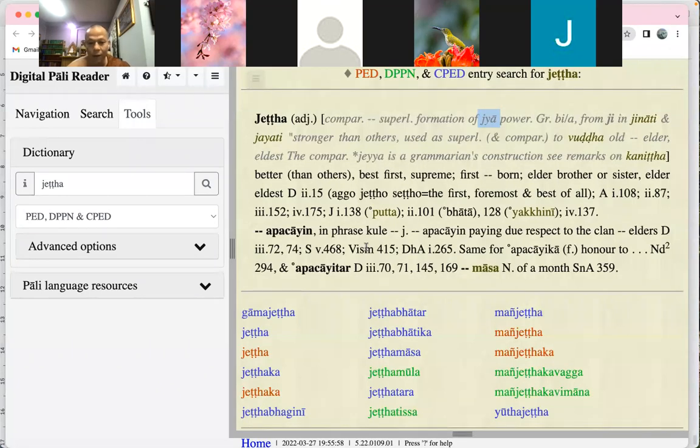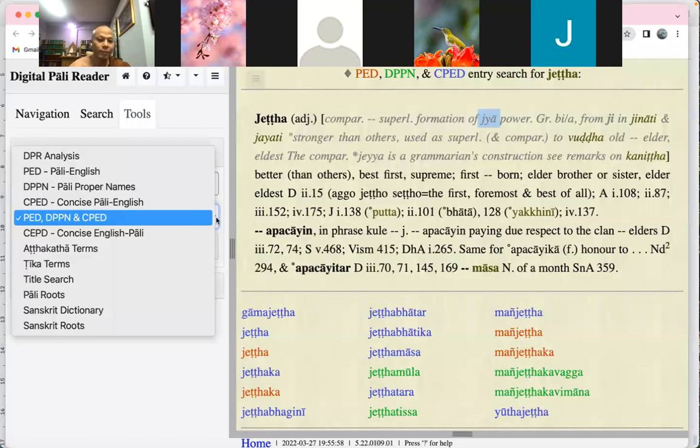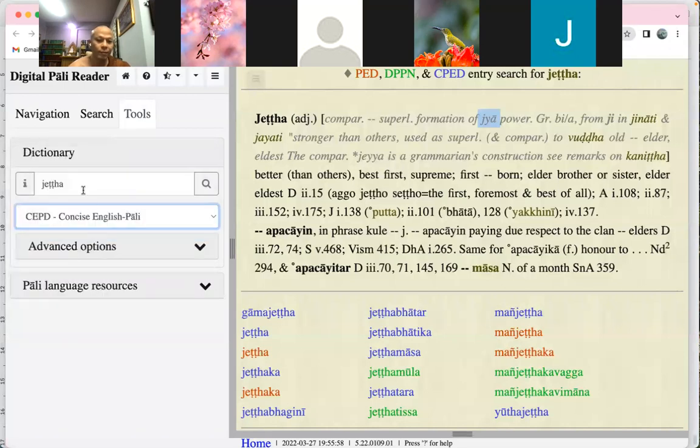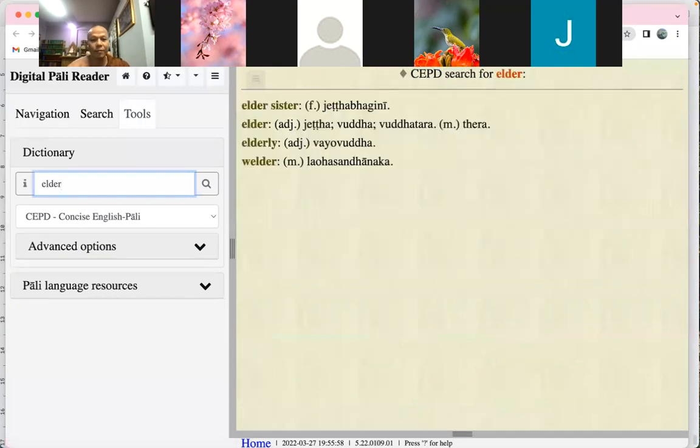I found it in the English-Pali dictionary, for 'eldest'. Yes, that's right. Jettha should then be from Jaya also.